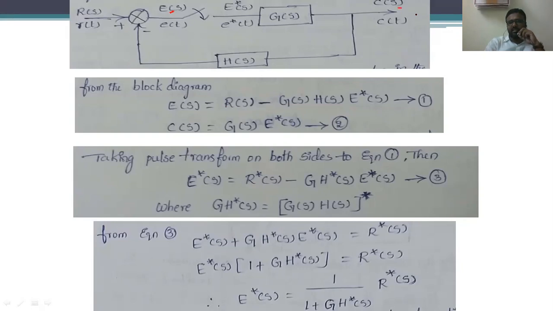And similarly, C of s is going to be taken as the product of E star of s and G of s. This output of the system, C of s, is the product of E star of s and G of s.